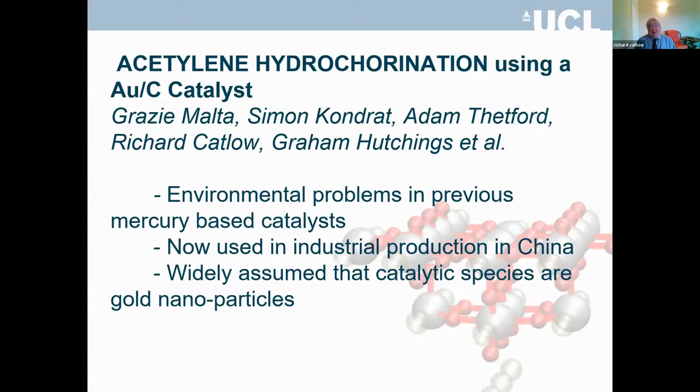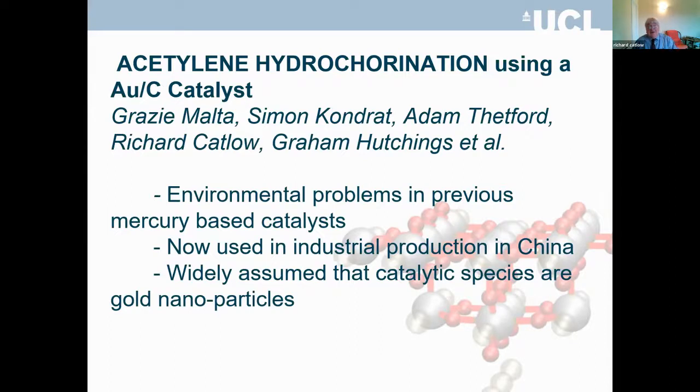He discovered, many years ago, that gold, what we thought were nanoparticles supported on a carbon, graphite catalyst, was effective for this important process of acetylene hydrochlorination. Acetylene hydrochlorination essentially makes vinyl chloride, which you then use to make polyvinyl chloride.